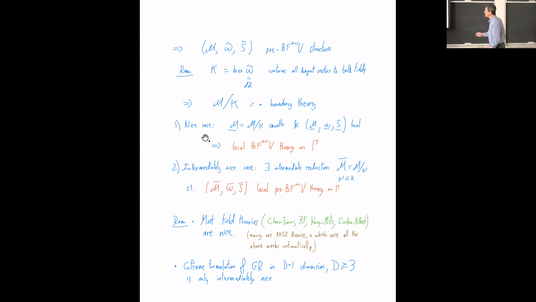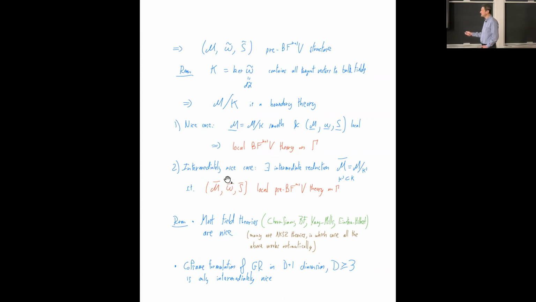An example where you're not in the nice case is the coframe formulation, sometimes called Palatini-Cartan, Holst, various names, but that's the one where the fundamental field is not the metric, but the coframe, and you reconstruct the metric using the coframe. And in that case, if you do it in d+1 dimension with space dimension larger or equal to 3, you are not in the nice case.